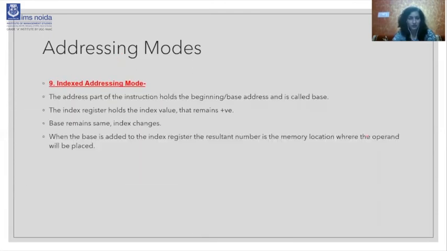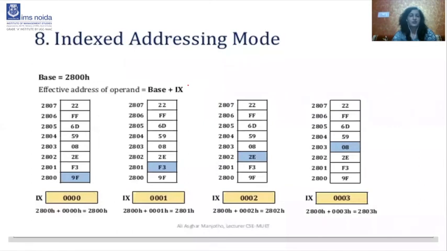We have already discussed this; now here is another example of indexed addressing mode. Suppose this is a base. What is the formula for the effective address?